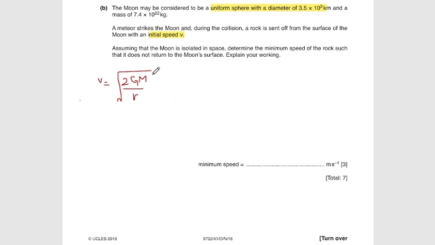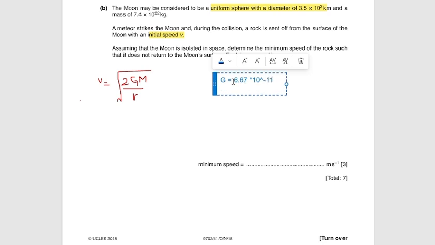Now if you plug in the values, you have G as 6.67 into 10 raised to the power minus 11.